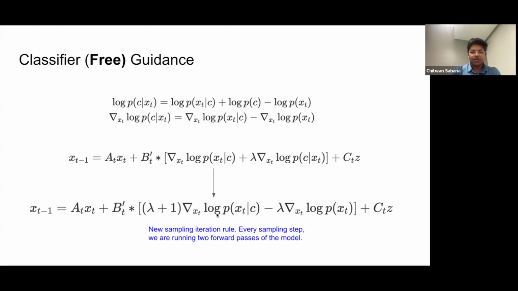And we can easily calculate both of these quantities using the same diffusion model that we have. So also one thing to note here is that now every sampling step, we have to run the diffusion model twice, once with the conditioning signal and once with zeroing out the conditioning signal. And this is one of the pain points with diffusion models that even if you're running 100 steps of sampling, it's actually 200 model function calls now because every step is 2 function calls.